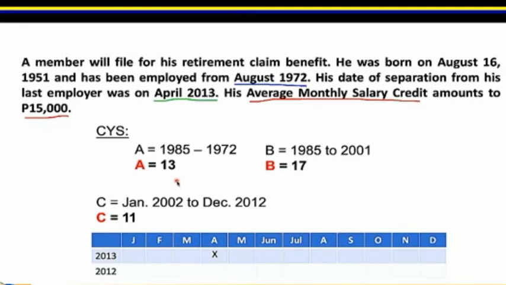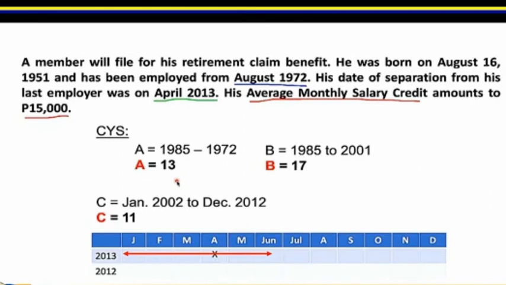In this case, the current quarter is April, May, June, plus the preceding quarter of January, February, March. Meaning to say, the semester of contingency will be from January 2013 up to June 2013.